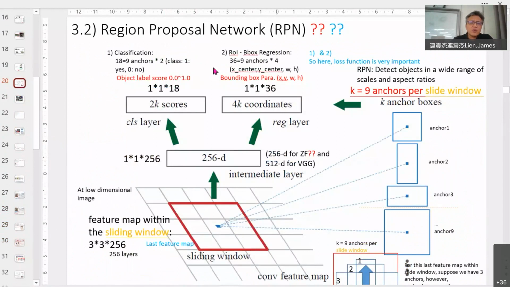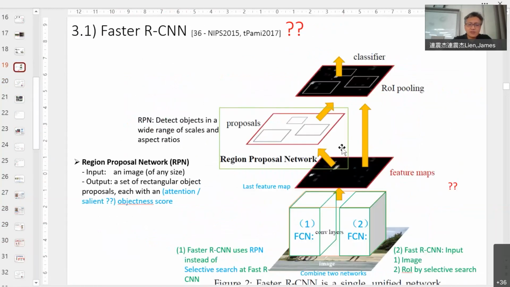So what is the RPN? RPN is what I talked about here. This RPN is only this part. In the first R-CNN, they have two types: this is the initial position for the detection, and this is the refinement.